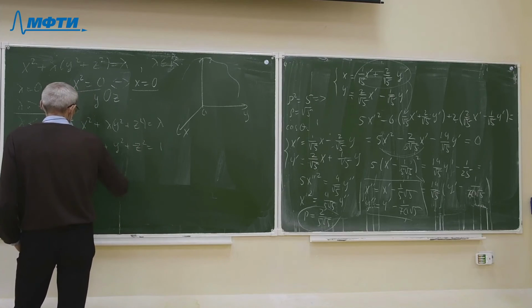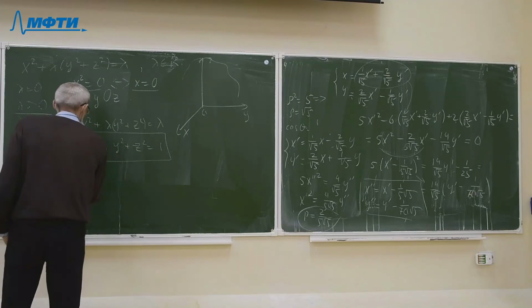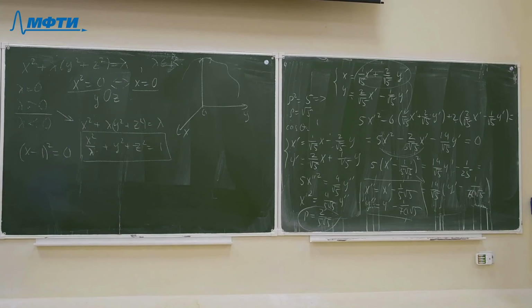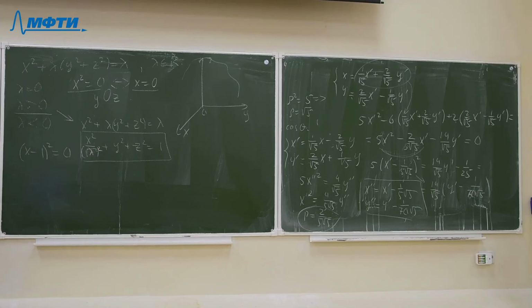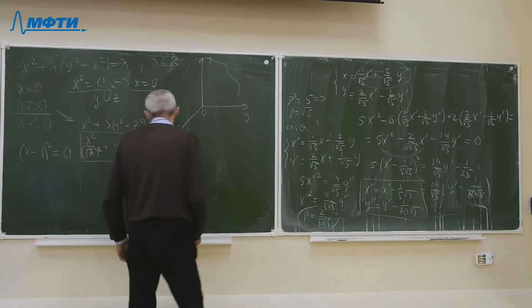Oh, I'm sorry, divided by lambda. What surface do we obtain? We can rewrite this expression in this form. Easy to see, we obtain an ellipsoid.